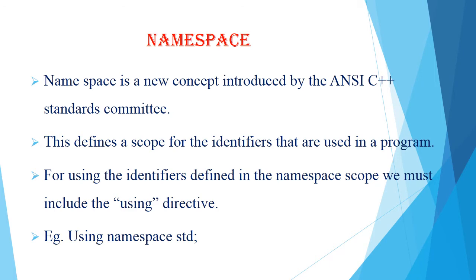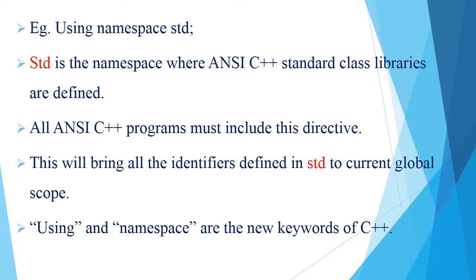Here std is a namespace where the ANSI C++ standard class libraries are defined. All the programs must include this directive. This will bring all the identifiers defined in std to the current global scope. And using and namespace are keywords of C++.